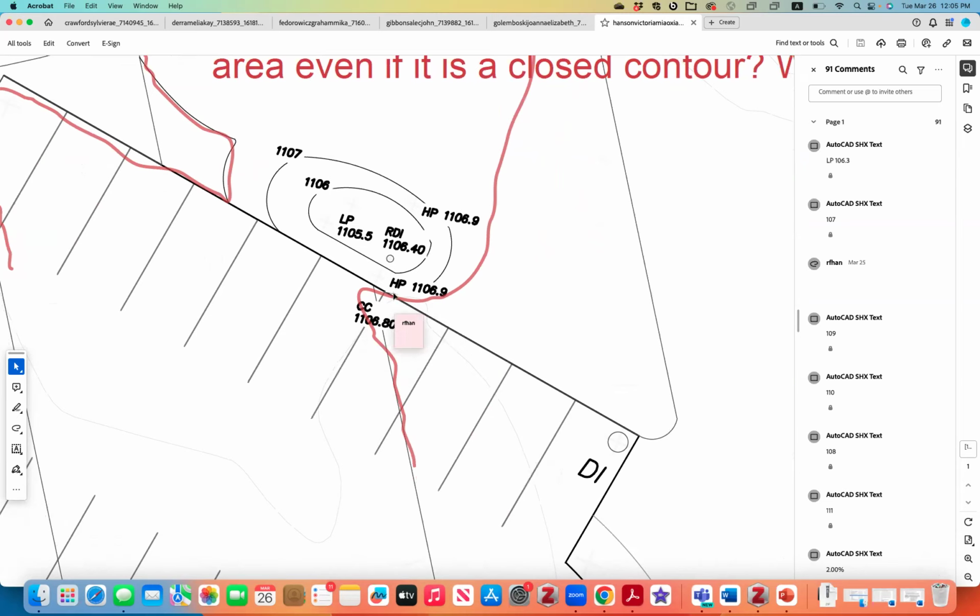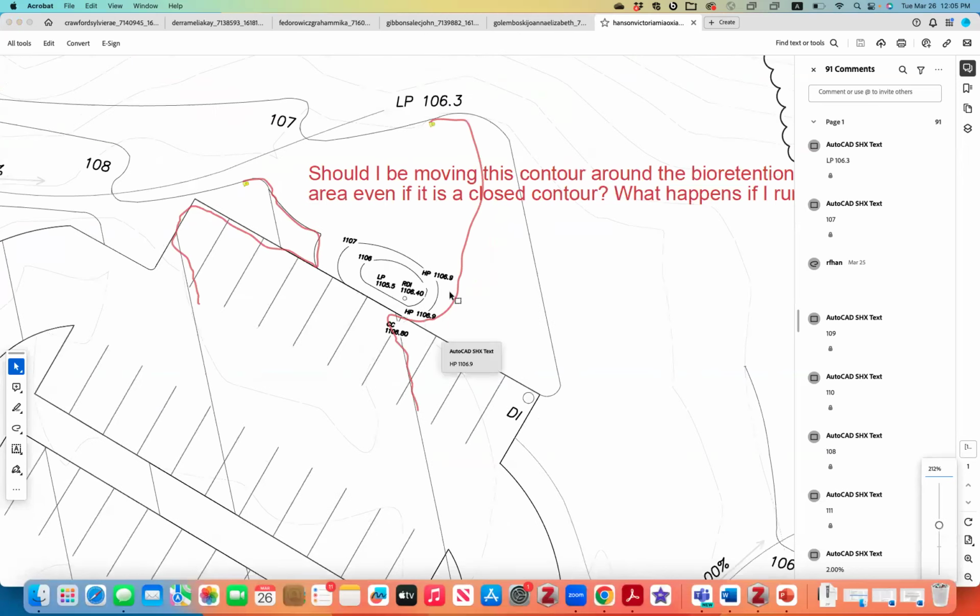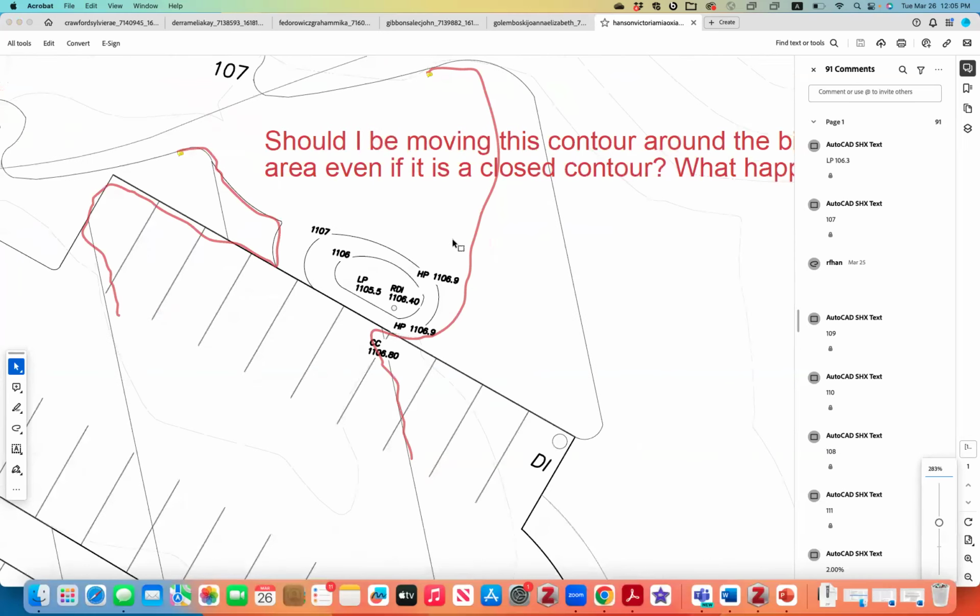And then you have an RDI 0.4. LP is correct, 106, then 107. And then HP is actually going to be here, between 7 and 7, so HP would be 7.5. Other than that, things are looking good. That's correct.